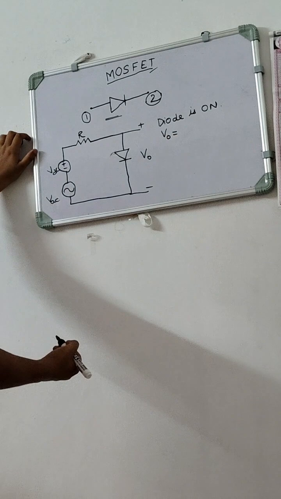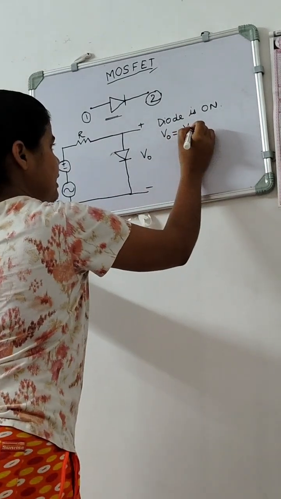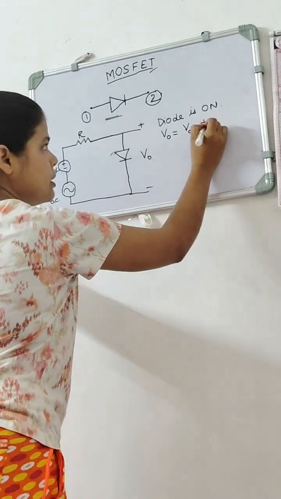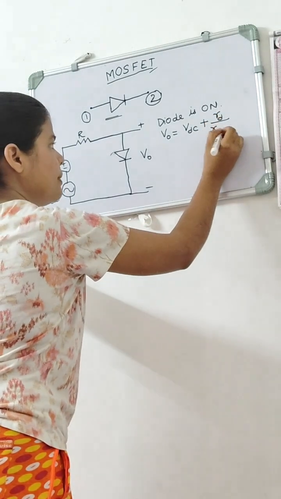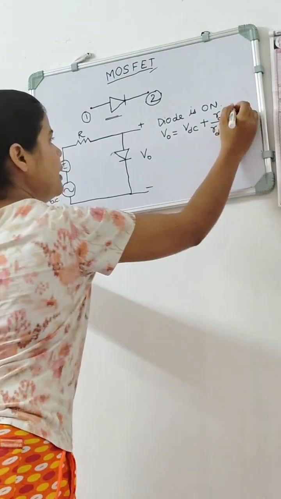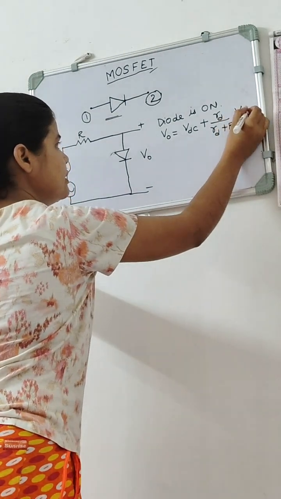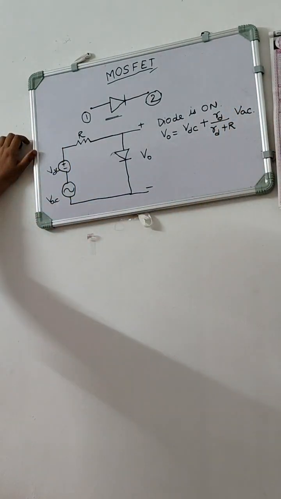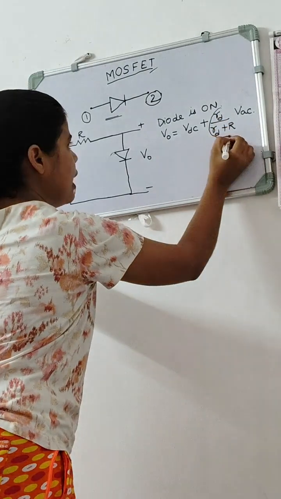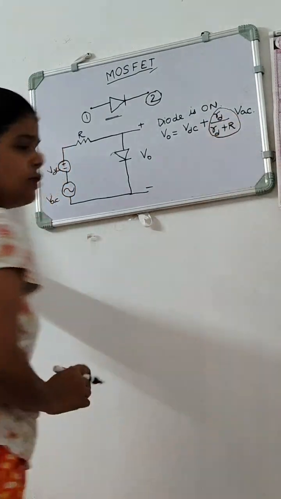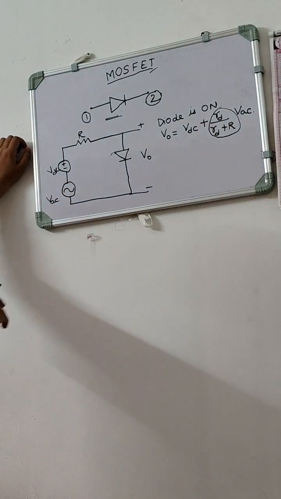V0 will be equal to VDC plus RD upon RD plus R into VAC. Here this term RD upon RD plus R will be less than 1. Why?